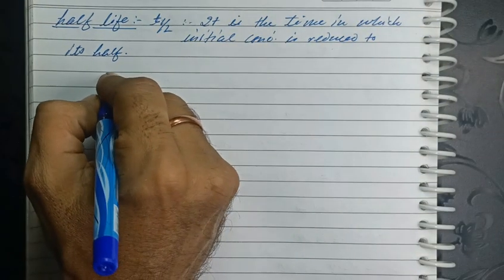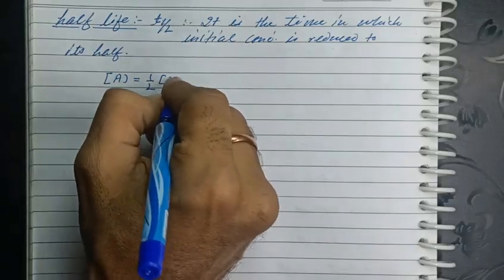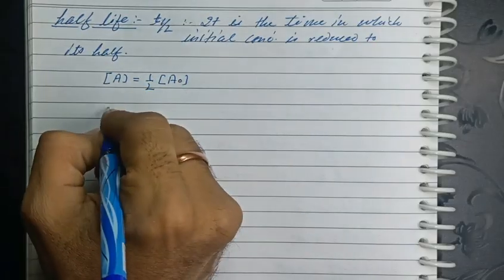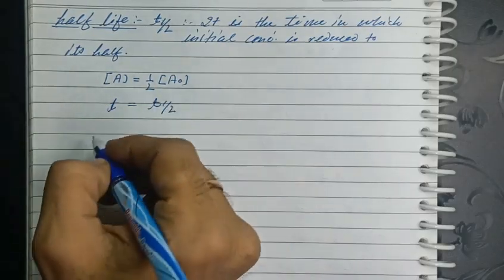It means final concentration is equal to half of initial concentration, and t is represented as t half.